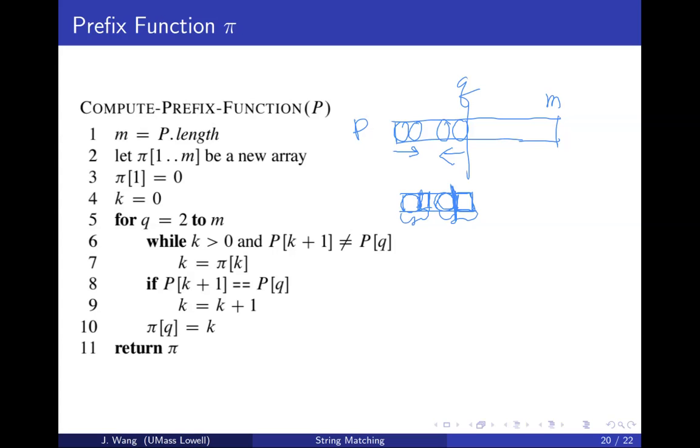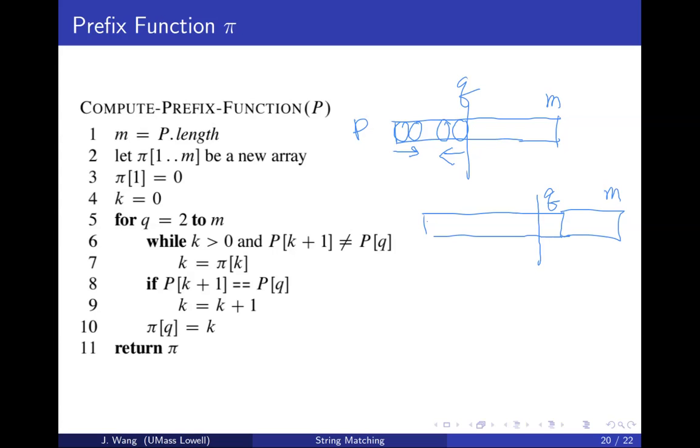So this is case one, where it's equal. Maybe I draw a bigger one here so you can see it better. So this is my partial, this is a Q, and this is M here. I want to use the previous information.